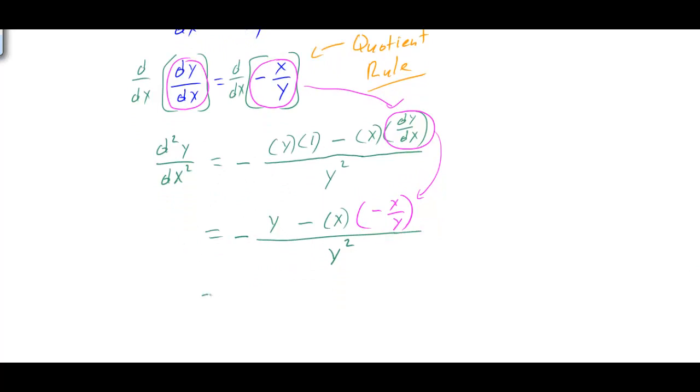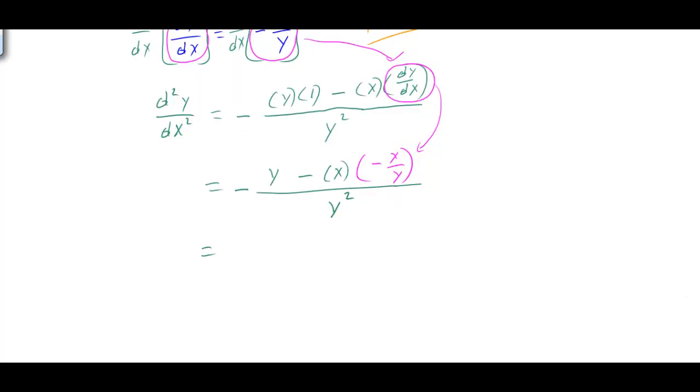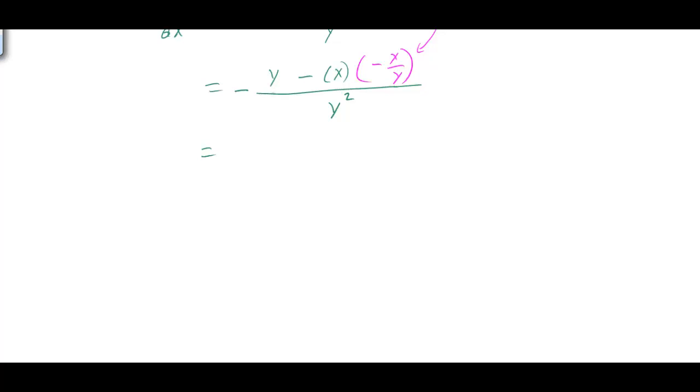And if we continue to simplify the numerator, we have y minus x times x, or in this case actually we have a negative here, so the two negatives would make this a positive x squared over y, and this is all over y squared.